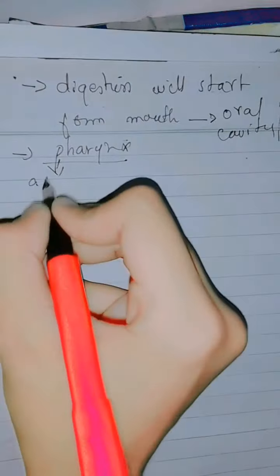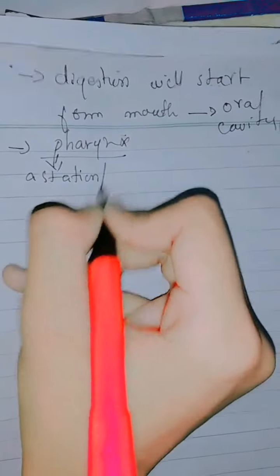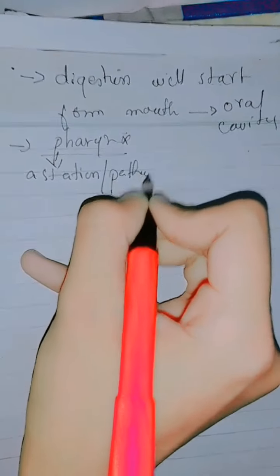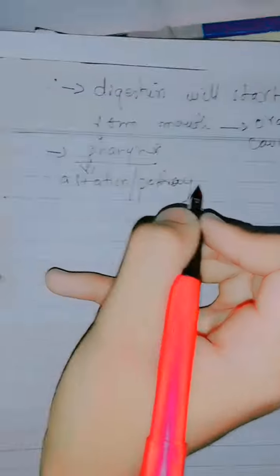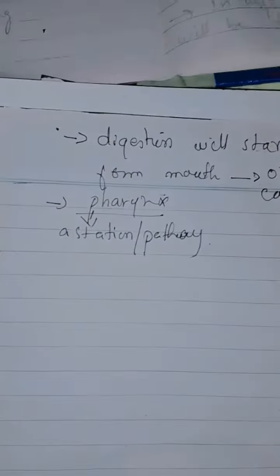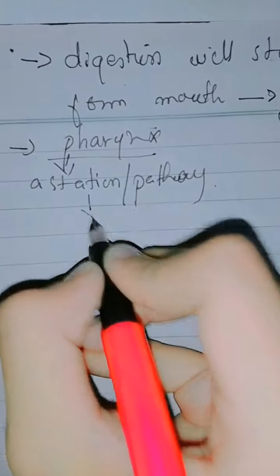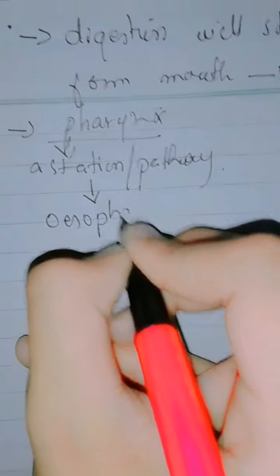Pharynx is basically a station or a pathway from where both air and food move. There are two pipes, one for the movement of air and the second for food. So the food will move into the esophagus, the pipe after the pharynx from where the food moves.